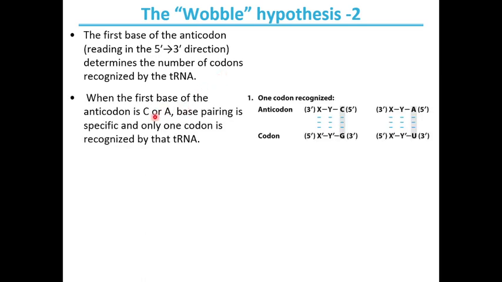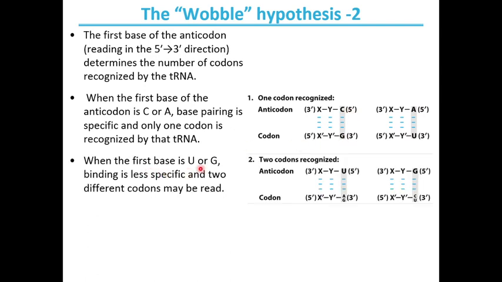When the first base of the anticodon is C or A, as shown here, base pairing is specific and only one codon is recognized by the tRNA. So if it is a C or A in the first base of an anticodon, it specifically recognizes its complementary base, A recognizing U or C recognizing G.